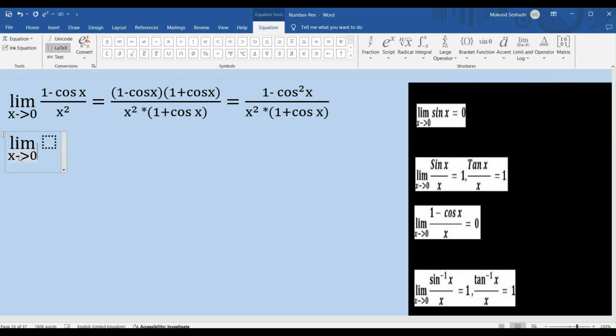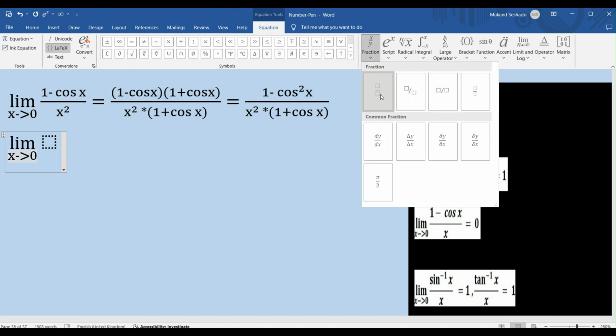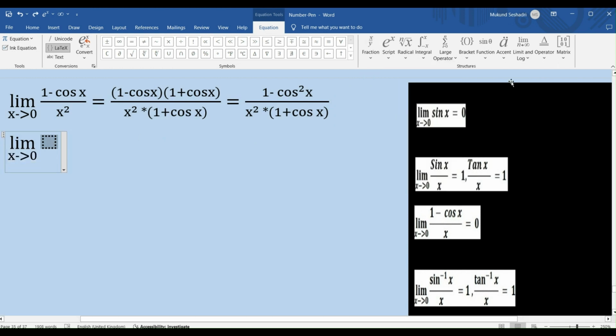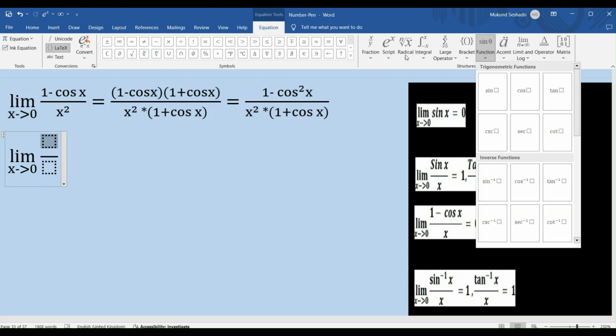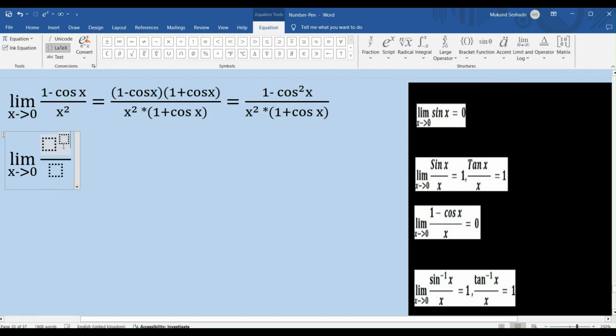X tending to 0. And my numerator is nothing but my sine square of x, for the reason that sine square theta plus cos square theta equals 1 always, whatever be the value of theta, right? So I'm going to write this as sine square x, and my x square into 1 plus cos x remains as it is for now, right?